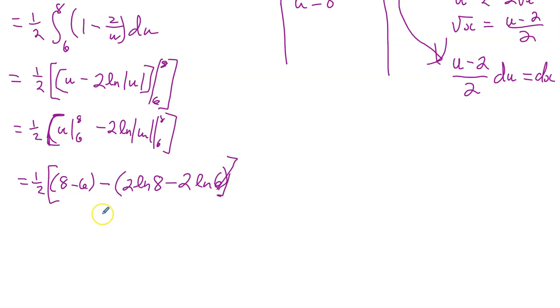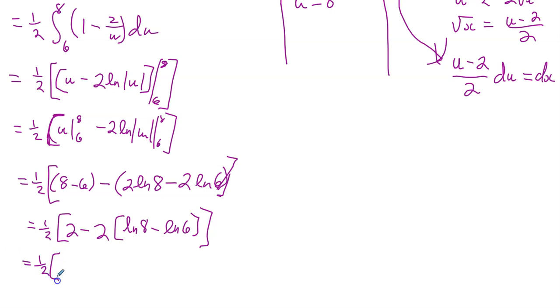So this is 1/2, and let's take out a 2 here, so 2 minus 2 times ln 8 minus ln 6. So this could become ln of 8 over 6.